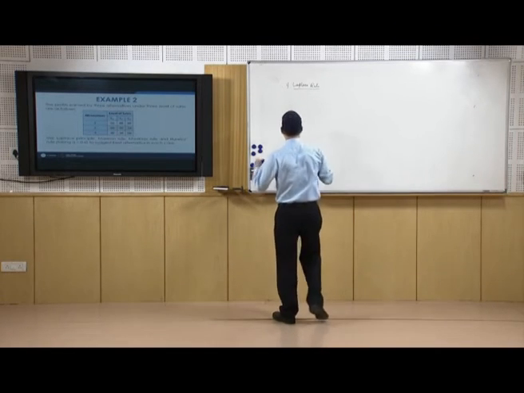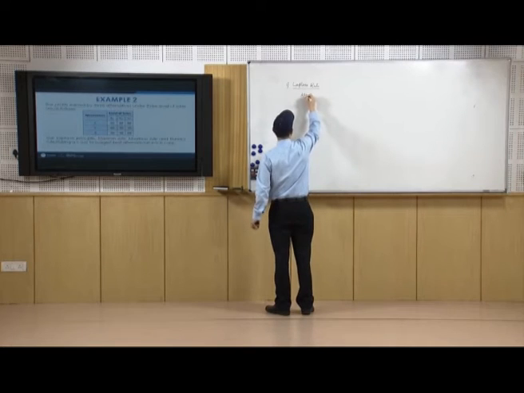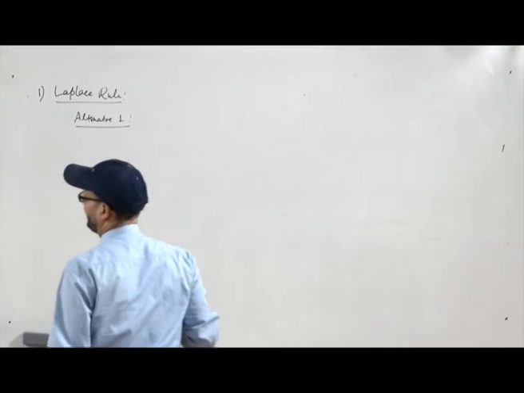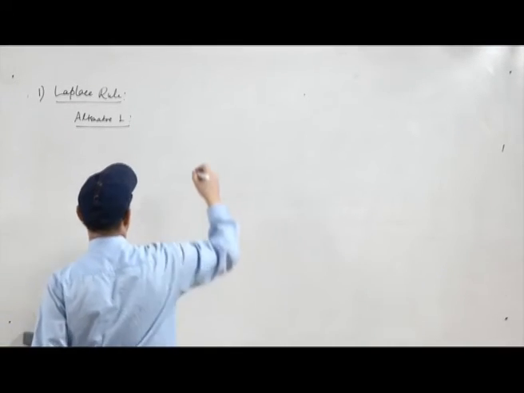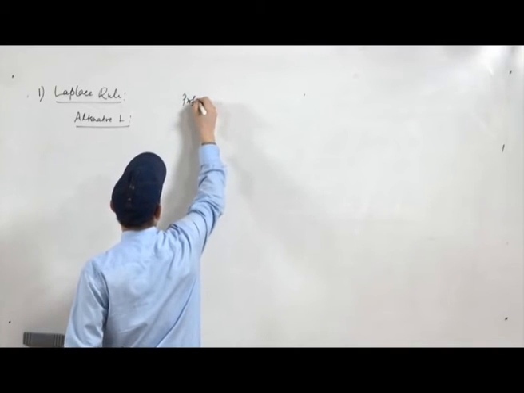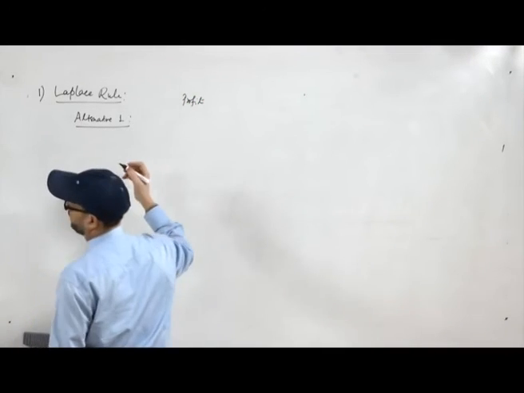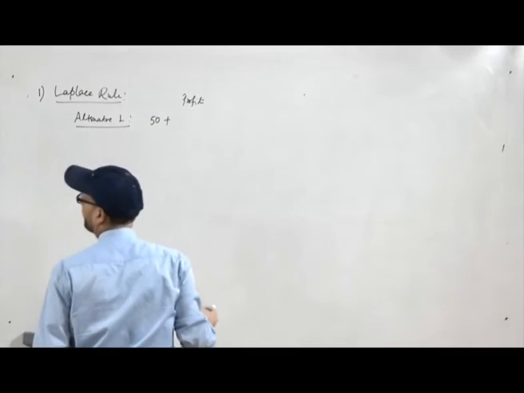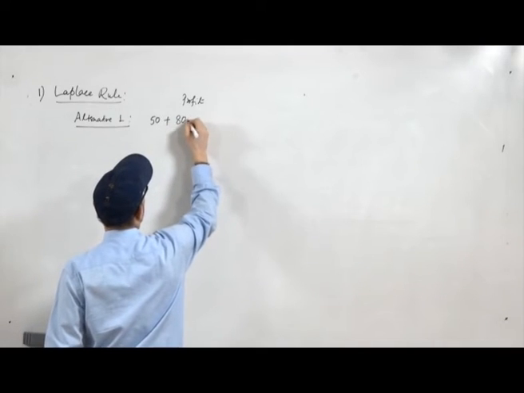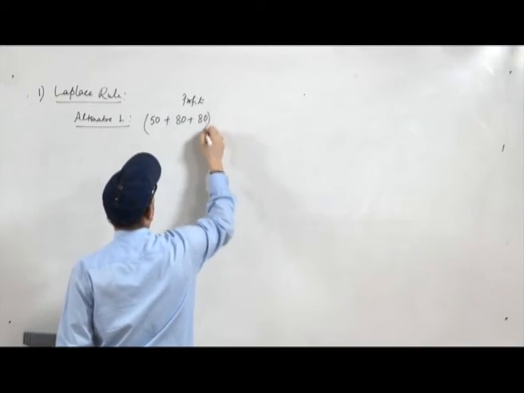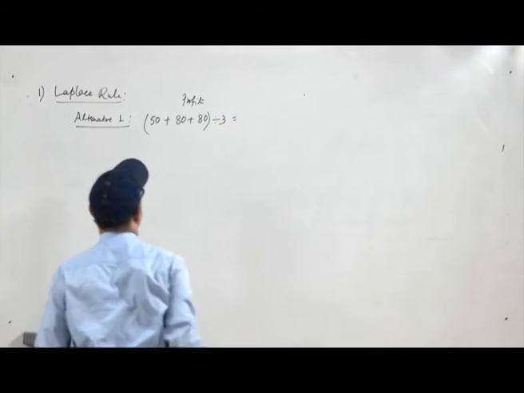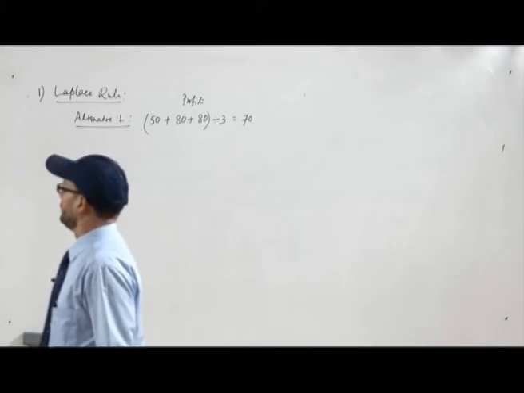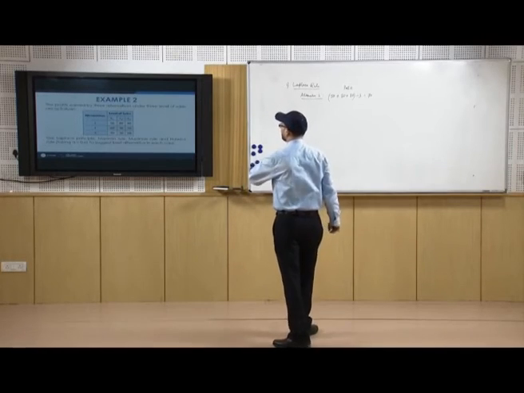So, for alternative 1, if you calculate the profit, it will be 50 plus 80 plus 80, and equal probability is given, so you have to divide by 3. So, it will be 70 units.